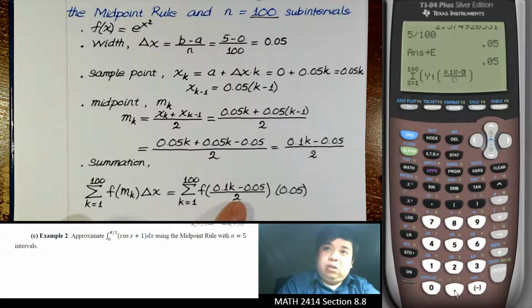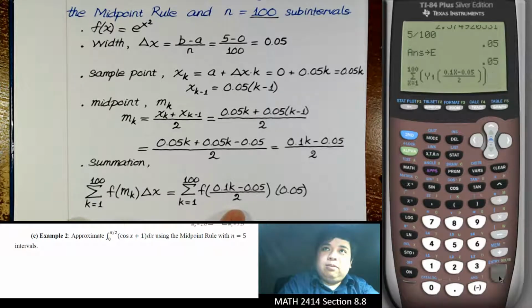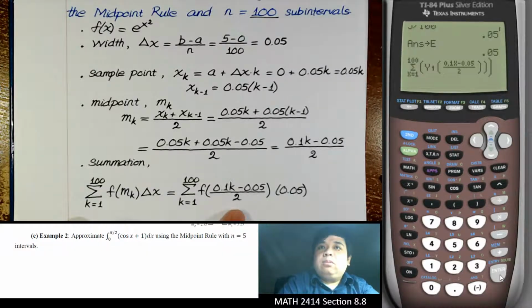It's easier to type. Divide by 2. Let's close, not there. Right? Oh, too many parentheses.